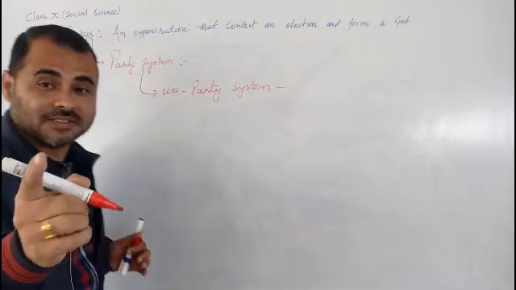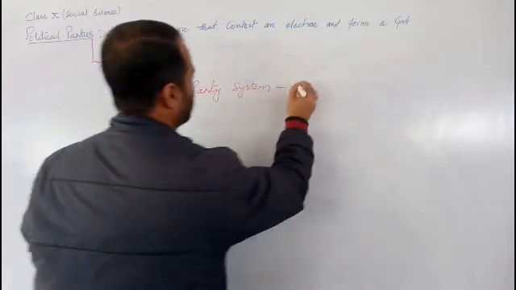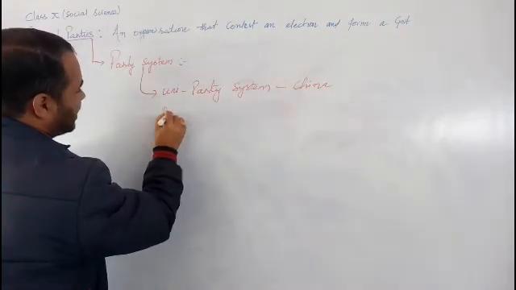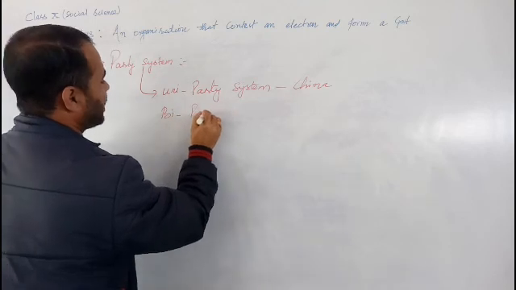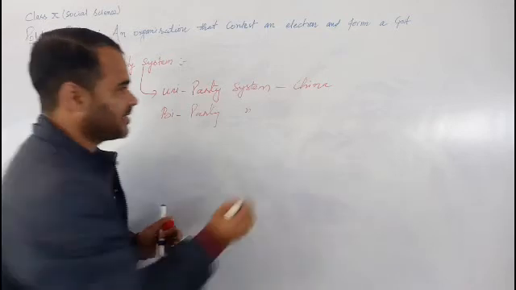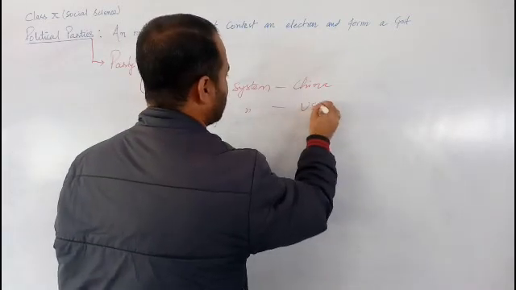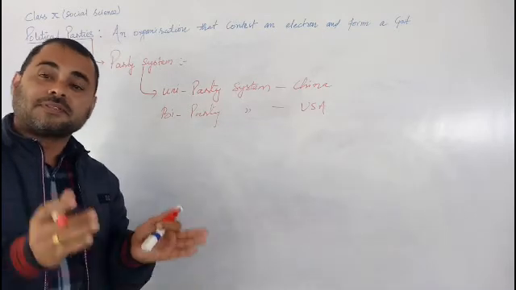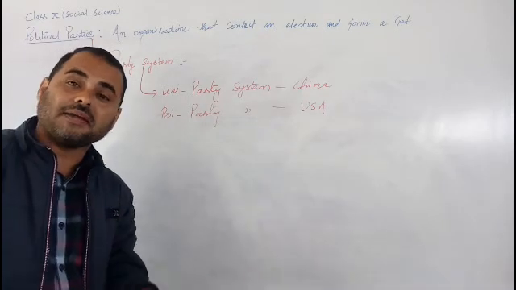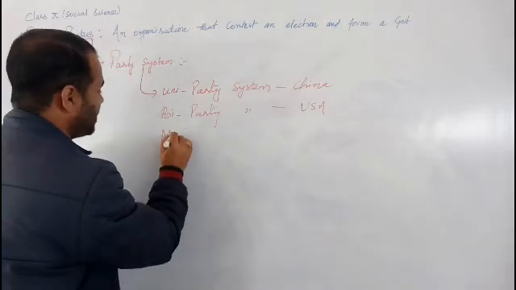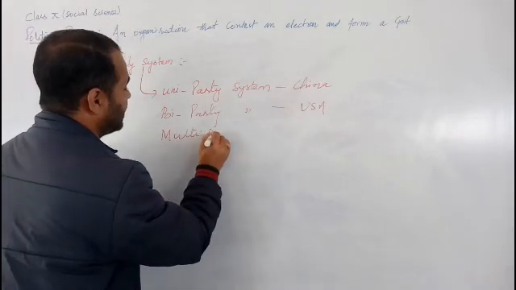Which country? Just now I told you, China. Okay, China, for example. Some countries have 2 parties. That is called a bi-party system. United States of America, just now I told you. And we have 7 nationalized political parties and 1600 plus regional political parties. So we are called what? Multi-party system.